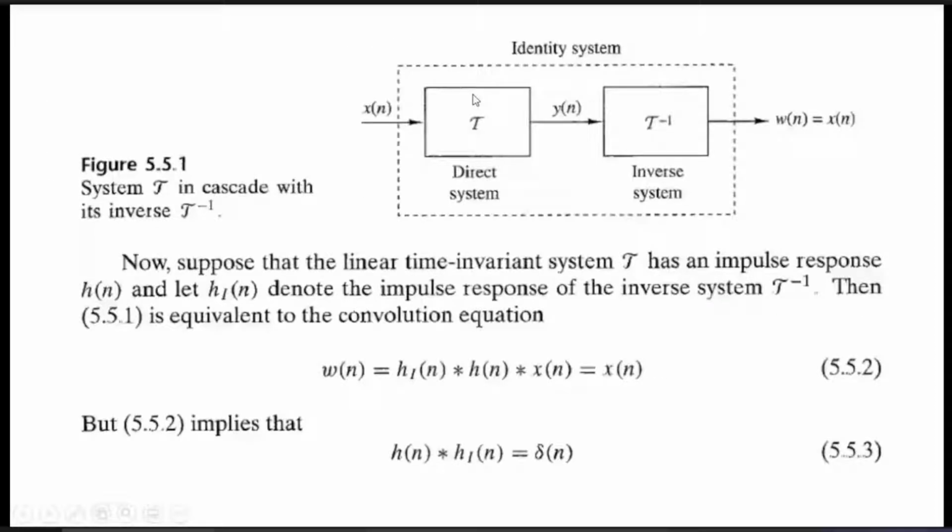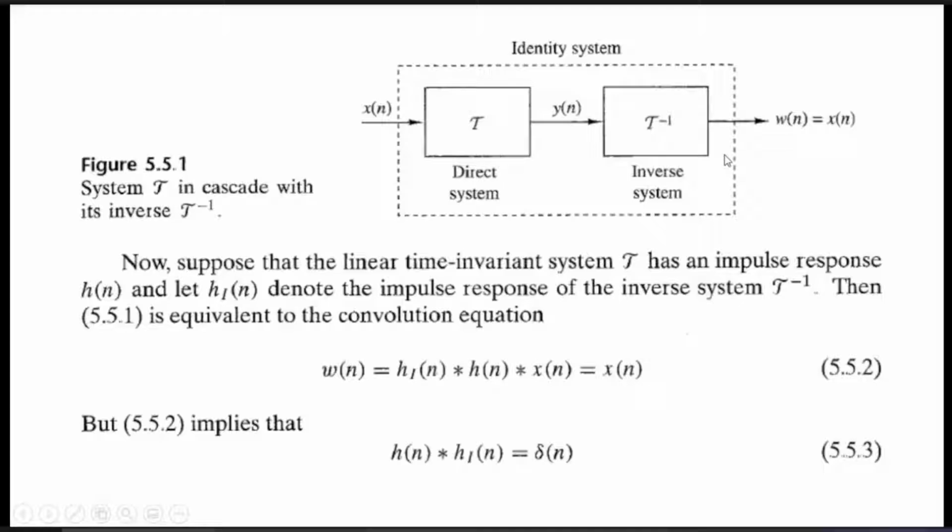Suppose we pass this x of n to a system having operator tau, then y of n we are getting. Now if you pass this y of n to the opposite characteristics of that one, then you will be able to get the inverse of that, tau inverse. So that produces output x of n, which is equal to the actual input.